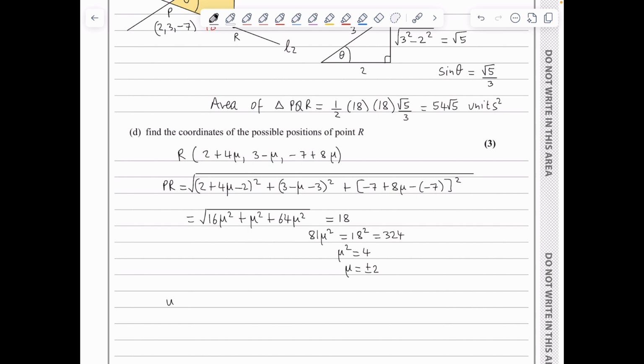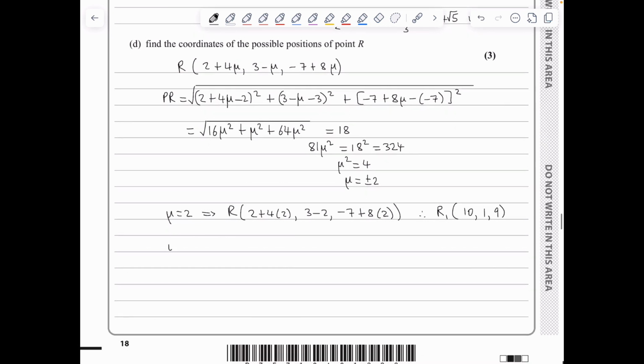Well, if mu is equal to 2, then we get that R has coordinates 2 plus 4 times 2, 3 minus 2, minus 7 plus 8 times 2. And therefore we conclude that the first possible position for R has coordinates 10, 1, 9.